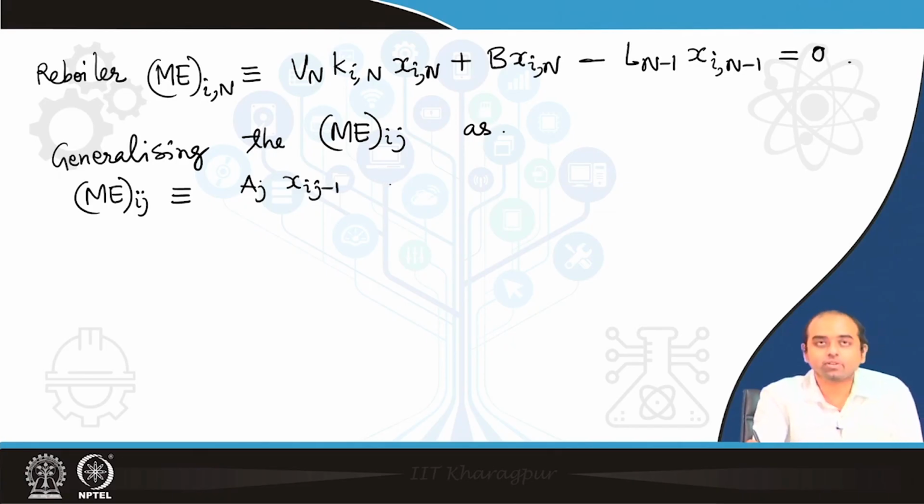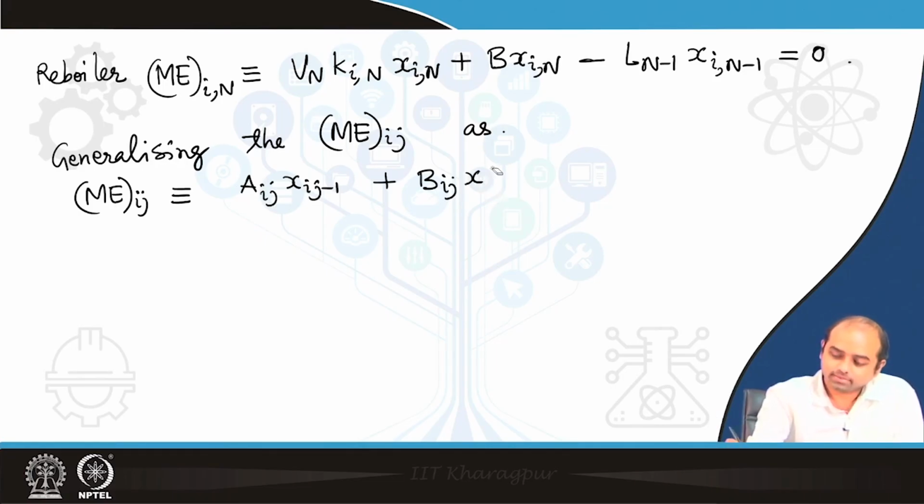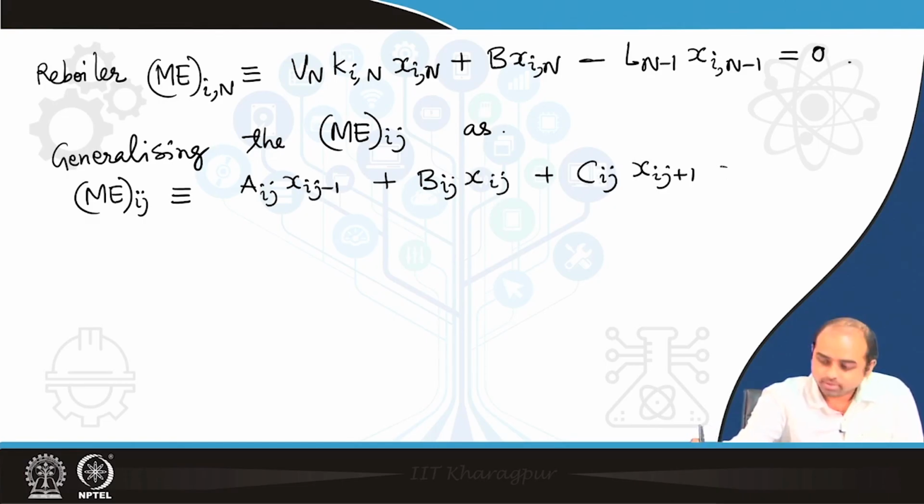So the coefficient for the j minus 1 term is Aij. Then Bij Xij, plus Cij is the coefficient of the j plus 1 term, and I can write this as Dij.